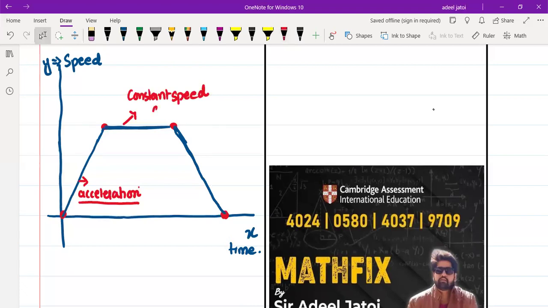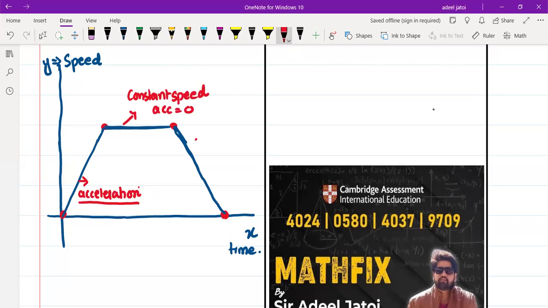When you have constant speed, your acceleration is equal to 0. There's a difference between speed and acceleration. When you accelerate, obviously, only then will you get the speed, the force is applied, and then in that particular time, you will maintain your speed.